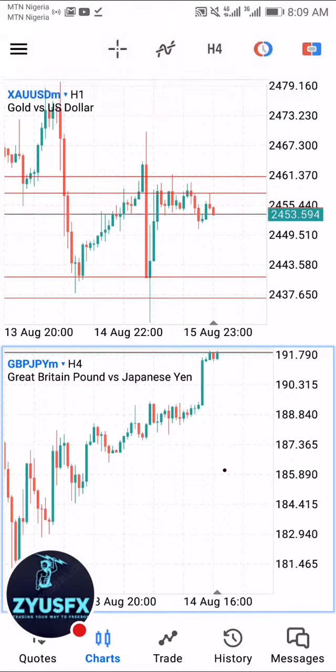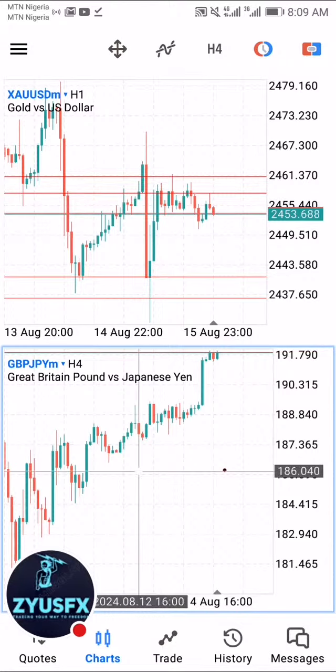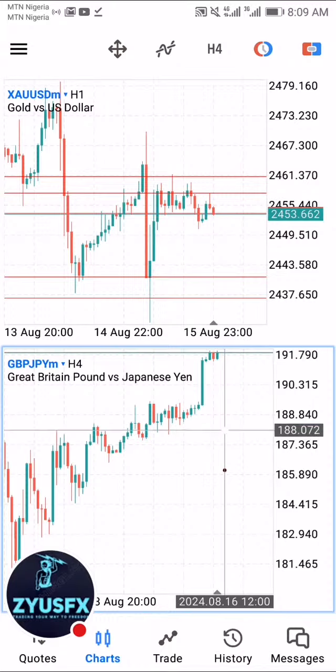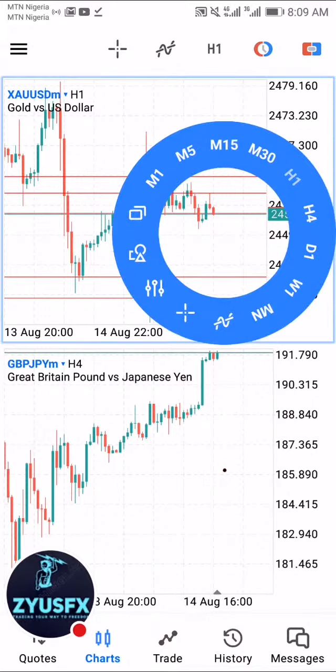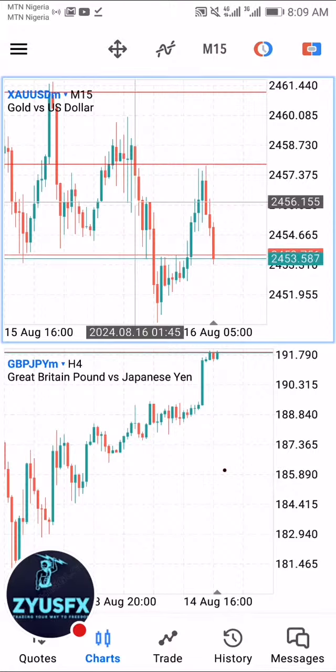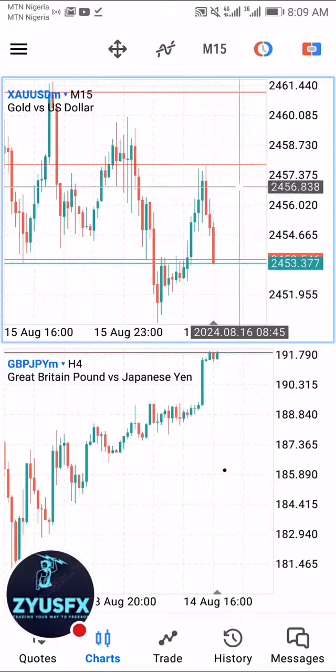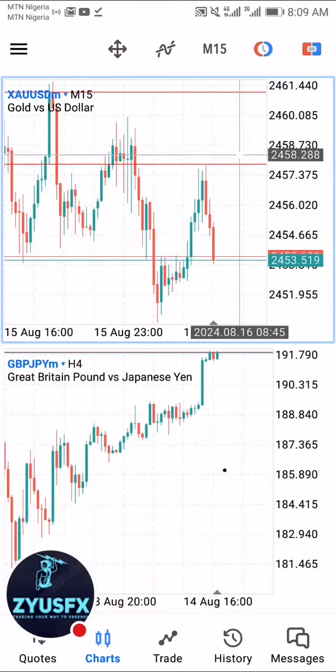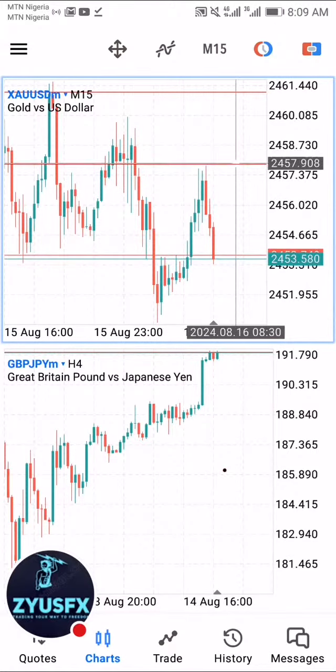Okay, welcome back. I'm back. So as you can see, gold is pushing down. If you're in the trade already, you can safely go break even now.